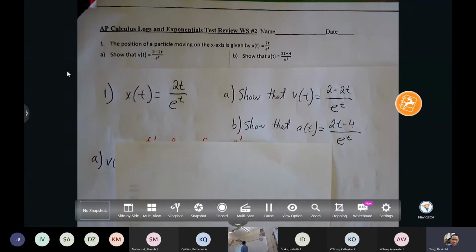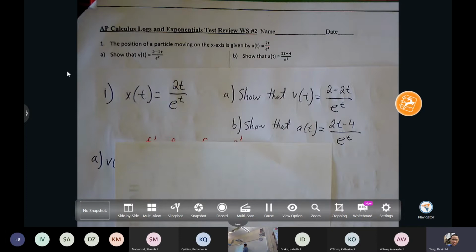Okay, so we're starting with a position function. What's involved here to find the derivative? Quotient rule. Okay, so we start with quotient rule. Go through quotient rule, clean up your expression, and your answer should clean up to this. See if you can go through those steps. And once you get to the velocity function, we should be able to apply the same process, right?